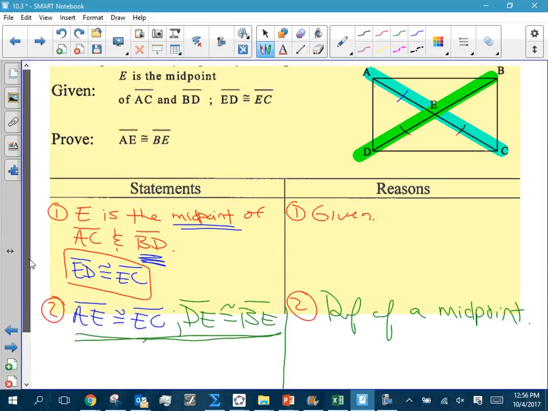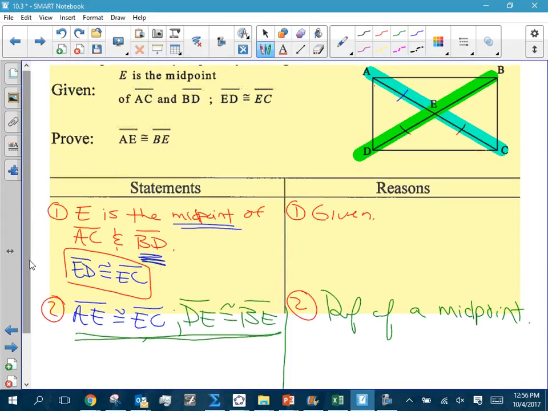Okay? Now, here's the idea, because we're almost done. I want to go back to my picture, DE and BE. DE has one mark in it, so I have to put one mark in BE. Now, if I look at that picture, I have 4 segments that all have one mark in them, right? So I have a group of things that are all the same. Let's say I have a group of students, 100 students, and they're all the same. Can I just pick out 2 of them and say that they're the same? Does that make sense?